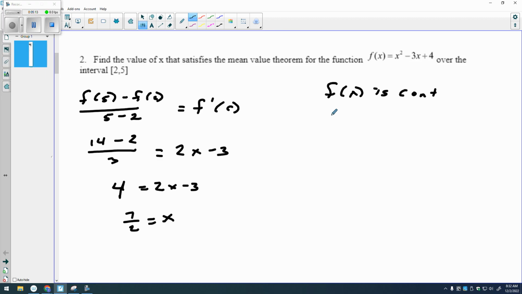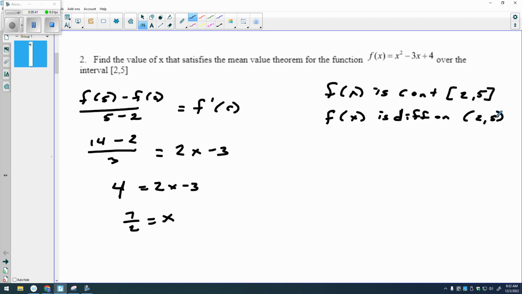Wow, I forgot my if statements. I knew that wasn't right. So f of x is continuous on 2, 5. Sorry, too early in the morning. At least I caught it before I moved on. f of x is continuous and is differentiable on the open interval 2 to 5. All right, now we're good.